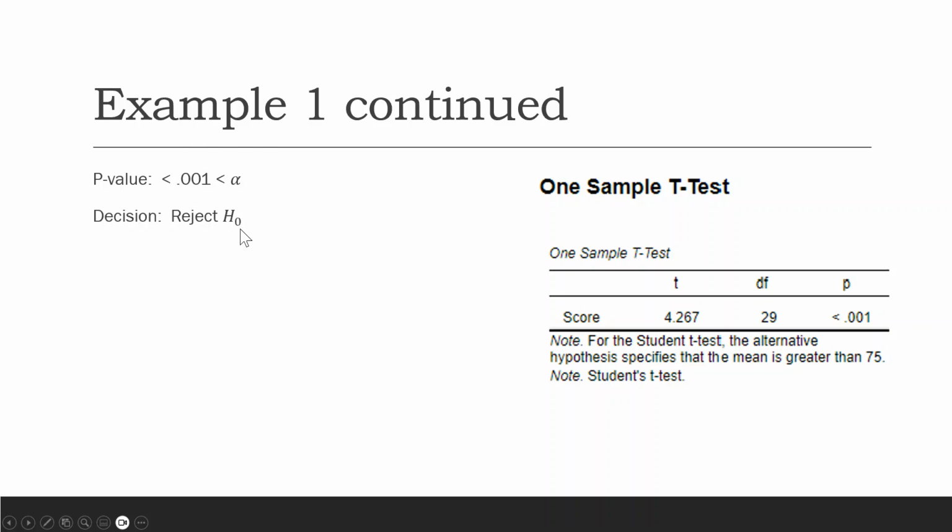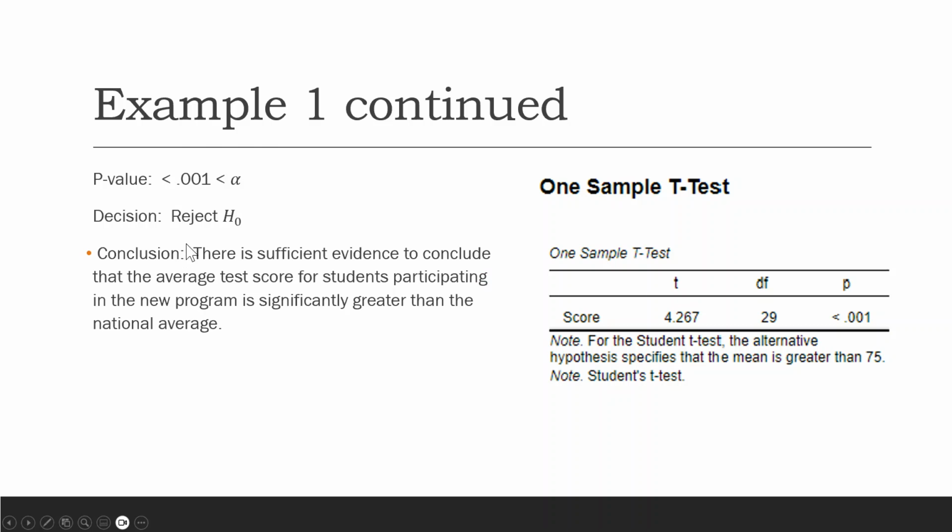So we assumed that the population mean test score was 75. We've gathered enough evidence to reject that null hypothesis. So what we'll say is that we have sufficient evidence to conclude that the average test score for students participating in the new reading program is significantly greater than the national average. It's significantly greater than the national average. All right? That is our result.